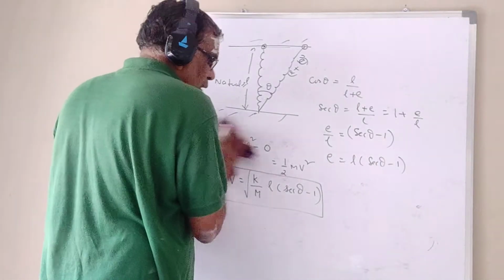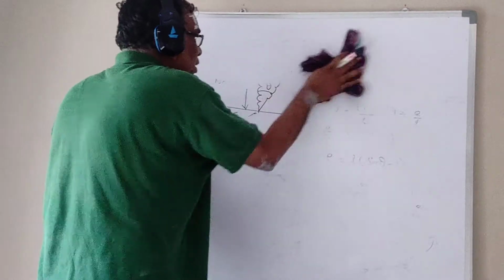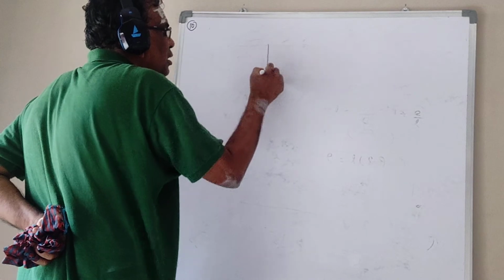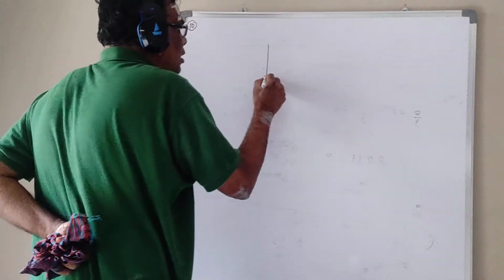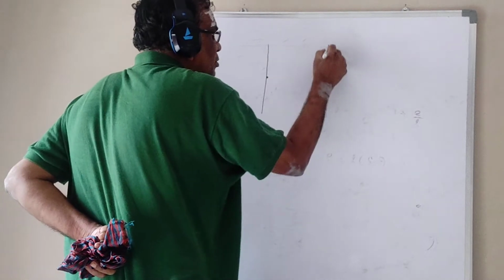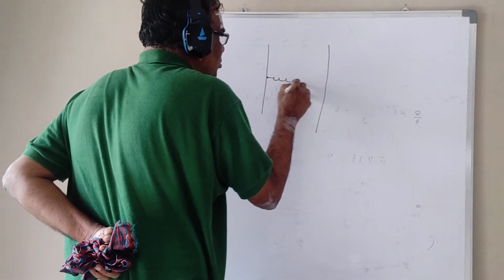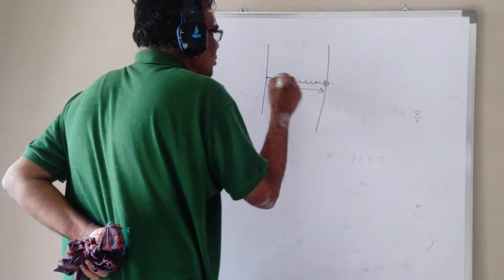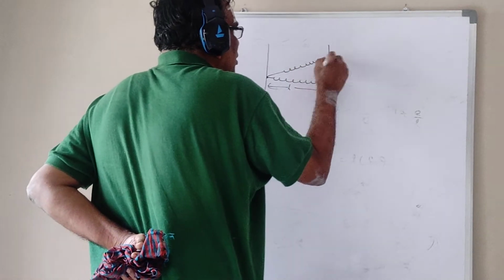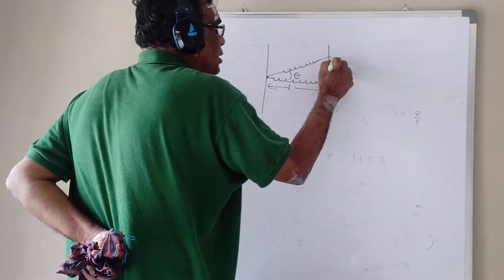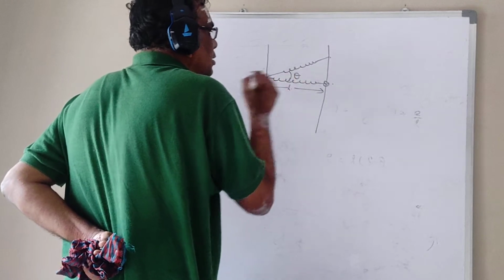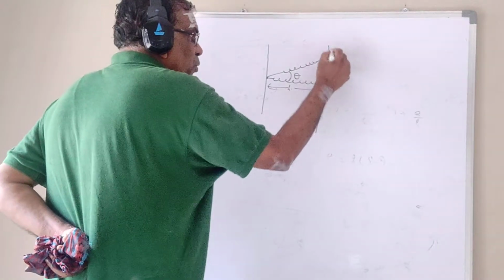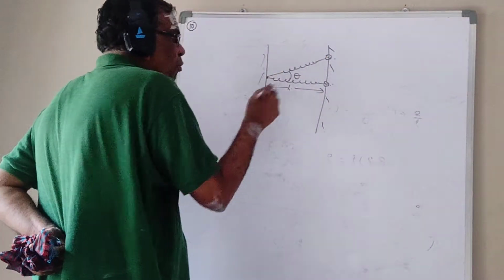Okay, fine. Now, if the same thing is tilted to the horizontal, this is the natural length, and this is theta. Now this is taken here and released. By the time it passes through, what is the velocity?